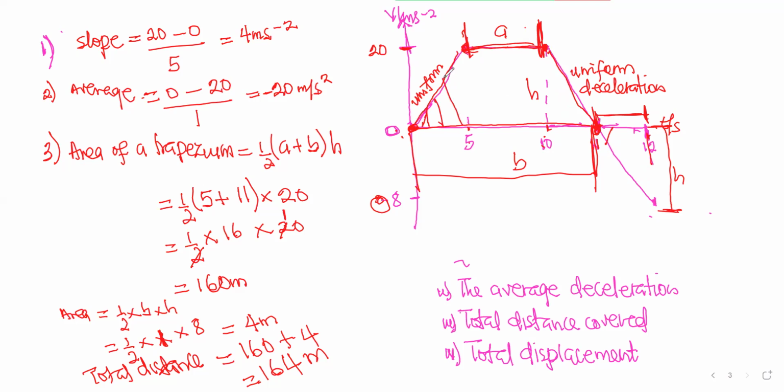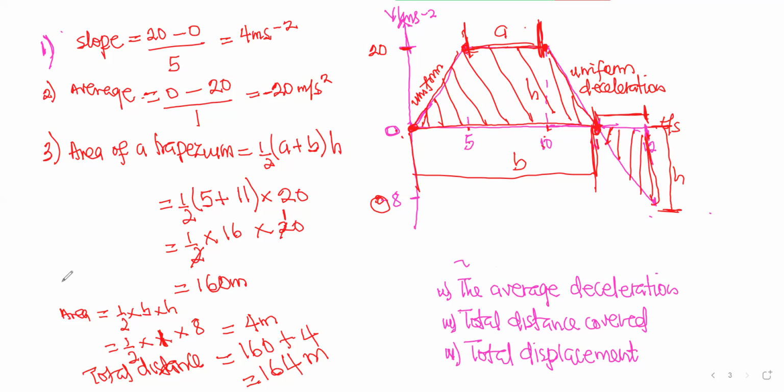So that's why I'm shading below the line, which represents the motion of the body. Up here, and then that's not all. There is also another area above here. So up the graph, we have the shape of a trapezium. Below, we have a triangle. And total distance doesn't care about direction. So you find this area here and add it to this area here, and you have the total distance traveled by the body. Are you okay?